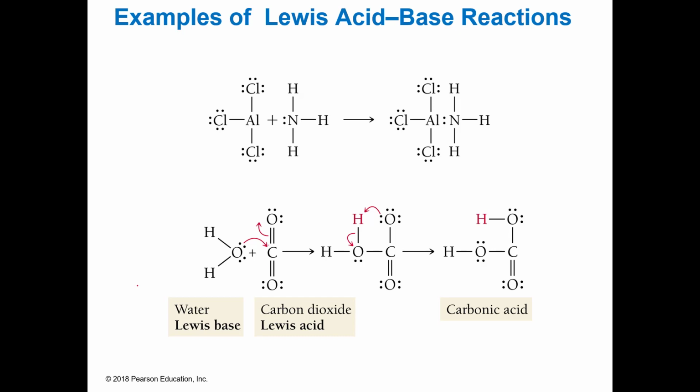And basically, for me, organic wasn't very difficult. I really enjoyed it because I could tell what it was going to do. If you have a lone pair right there, that lone pair is just going to share with that, and that creates a bond. And that's all we're doing with these Lewis acid-base reactions: we are moving things around and causing them to bond to each other.